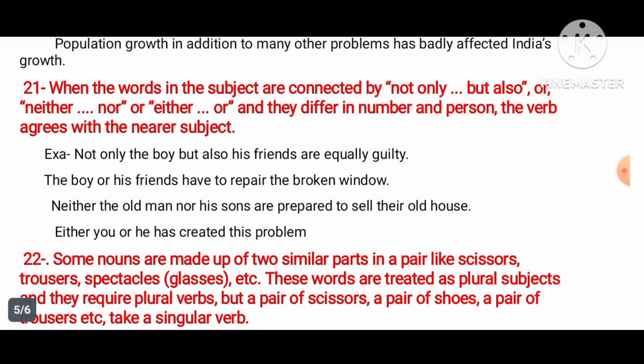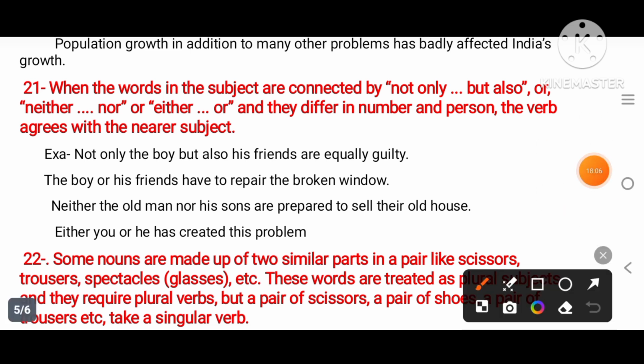The boys or his friends have, neither the old man nor his sons are, either of you or he has. Look at the example. Here he is the nearer subject, so we used has; sons is the nearer subject, so we will use are. If neither nor, either or, or not only but also is used in the sentence, we will look at the nearer subject.